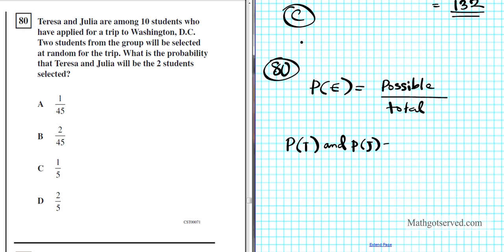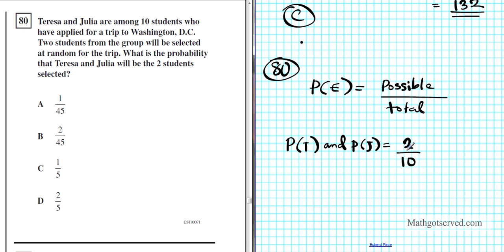So we're going to do the probability of Teresa first. What are the chances of selecting Teresa out of 10 students? We're selecting only 2 students, right? So possible outcomes is 2, and what is the total number of students that there are? 10.